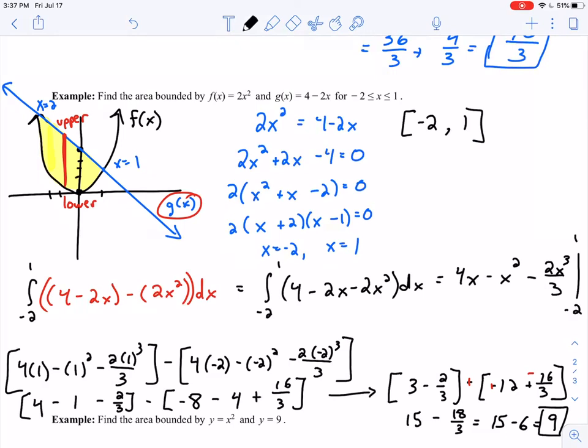We set up our definite integral. We said here's our upper curve, that is g of x, that's the blue function, minus my lower function, 2x squared, which is the black function, the parabola. And then we just evaluated this definite integral. So there are a lot of steps to these, but once you get this problem set up, once we got to, say, this step right here, this should feel really, really familiar to the types of problems that we were doing in the last section.